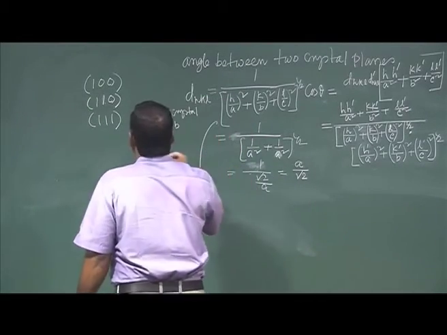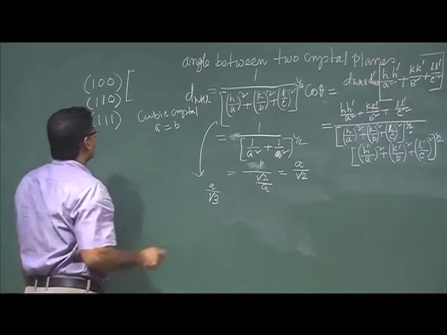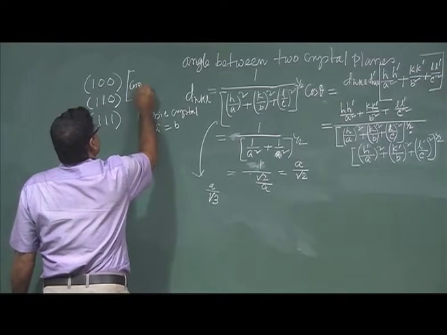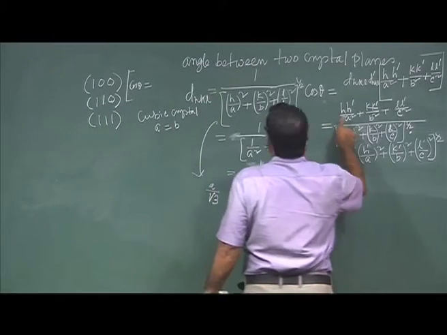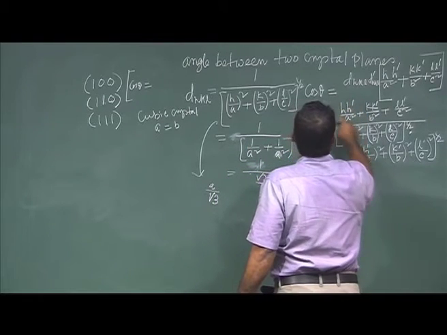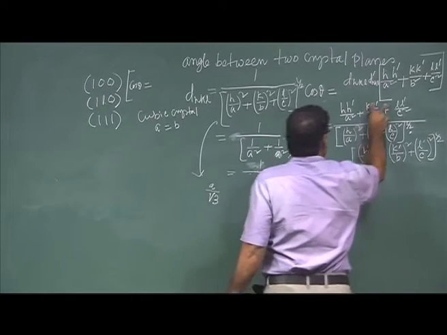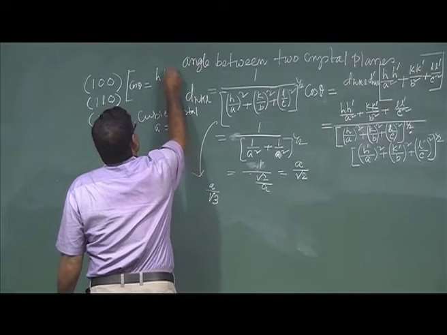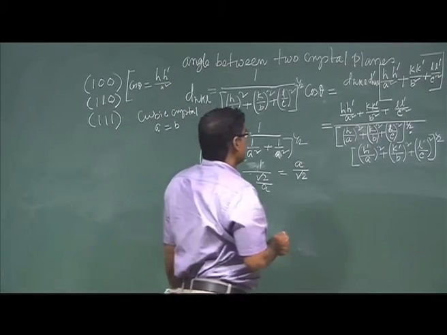And if you find out the angle between these two planes, the cos theta, you can see here only this term will exist, others will be 0. So basically h dash by a square, right.